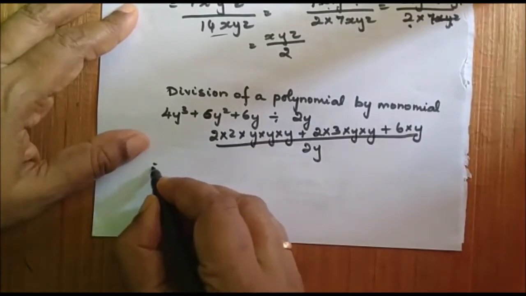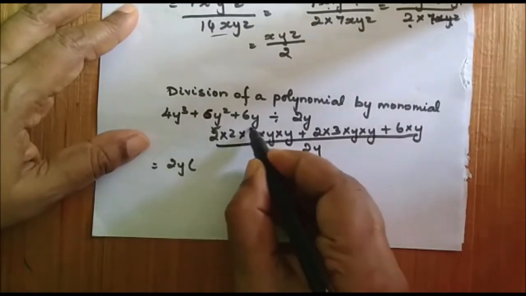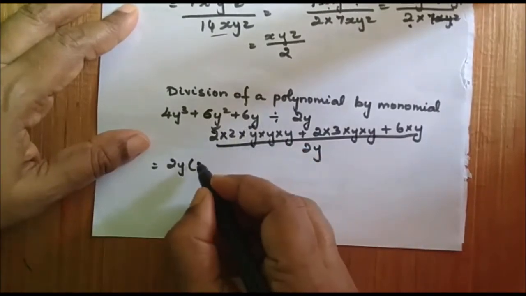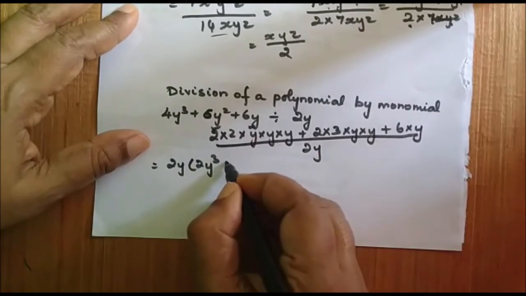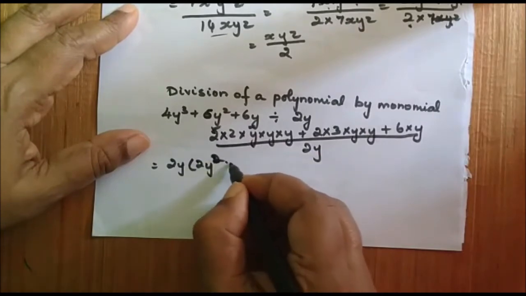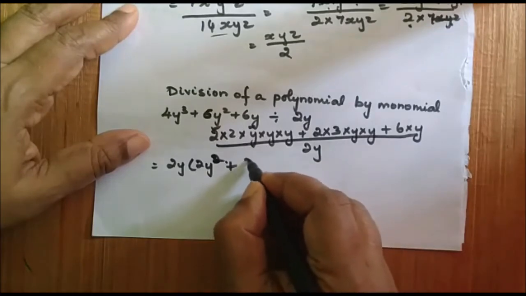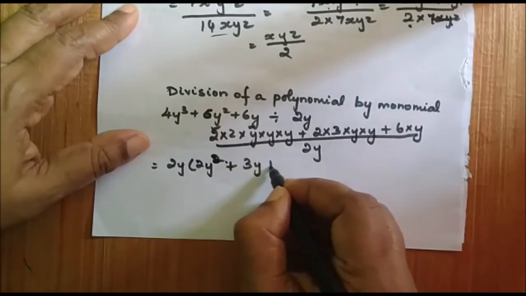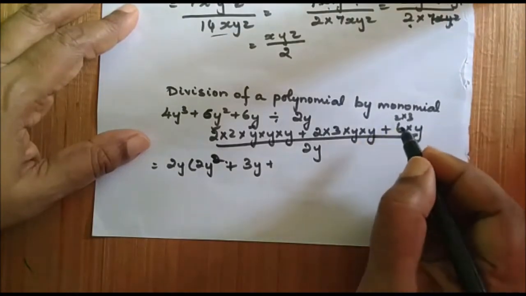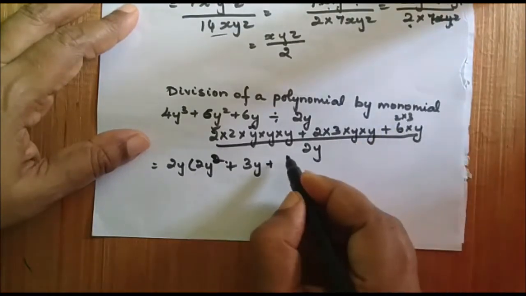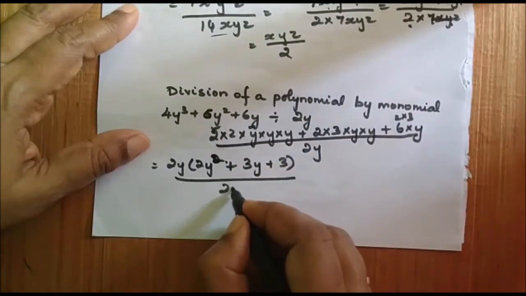If I take 2 and y outside, what will I have? I will have 2y squared, plus 3y plus 3, because 6 can be written as 2 into 3, isn't it? So when I take 2y outside, I will have 3, the whole divided by 2y.